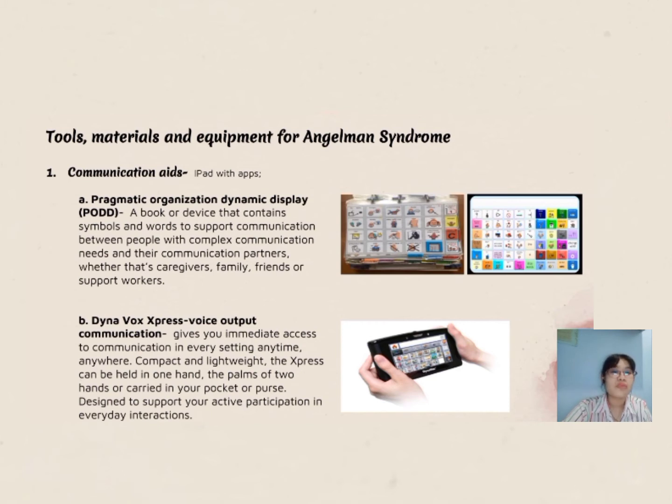Si Dynavox po gives you immediate access to communicate in every setting, anytime, anywhere. And then, compact siya, very lightweight. The Express can be held in one hand. Pwede siya sa palm mo, carry ng 1 palm or 2 palm. Pwede rin siya sa pocket or purse. Very handy siya. Designed to support active participation in every interaction.